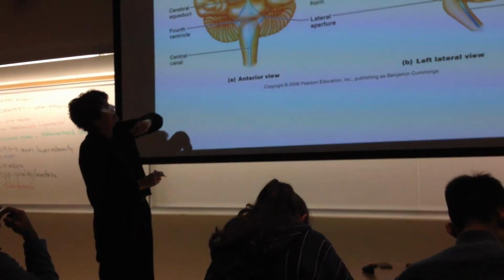And then this would be the inferior horn in the temporal lobe. And again, you can see that pattern from looking anterior posterior view right here. So you can see how it goes out to the side.